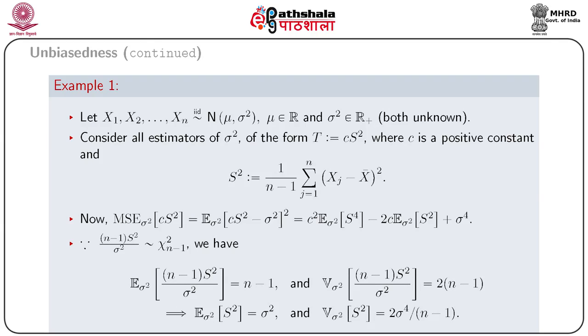Since (n minus 1) S square by sigma square follows chi square with n minus 1 degrees of freedom, it follows that expectation of S square equals sigma square and expectation of S to the power 4 equals (n plus 1) by (n minus 1) times sigma to the power 4.